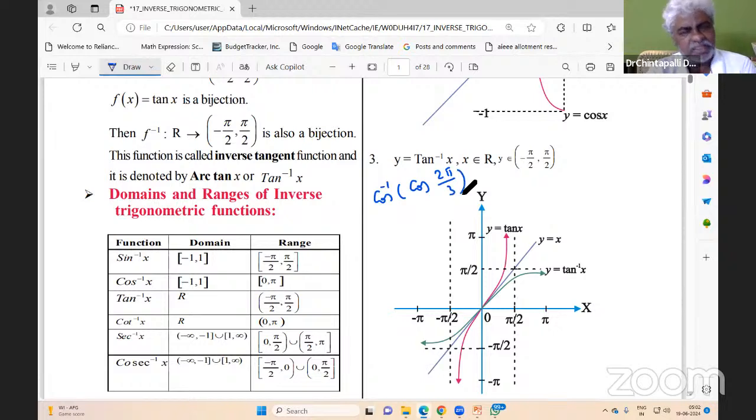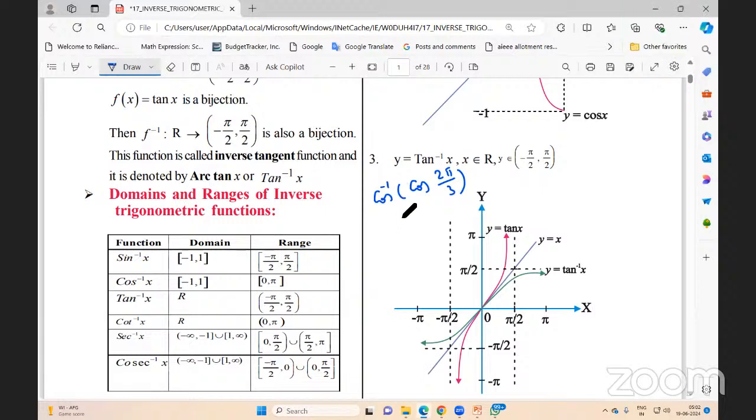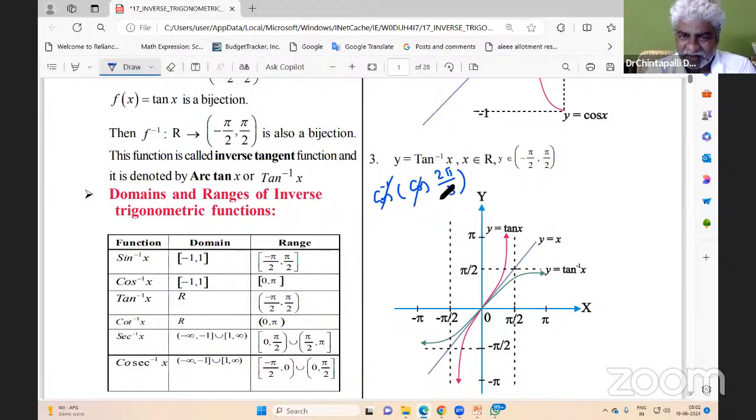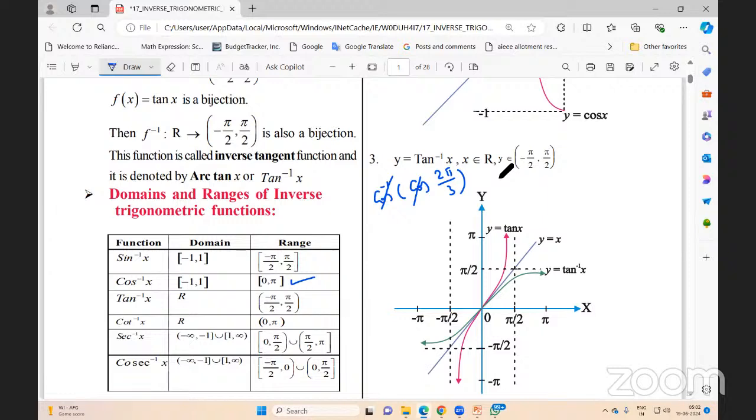In the previous sum, we should not cancel sine inverse and sine. Yes, we can cancel them now, because 2 pi by 3 is in the range of cos inverse x, that is 0 to pi. 2 pi by 3 is in that interval. Got the point?